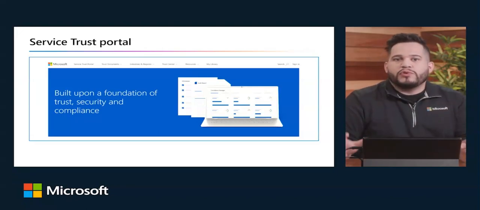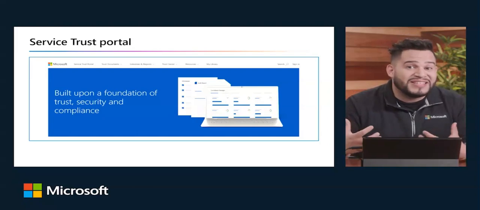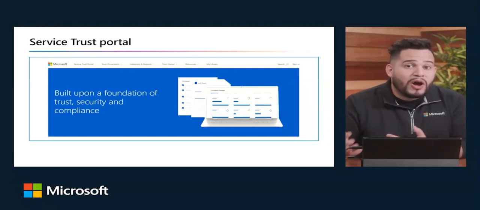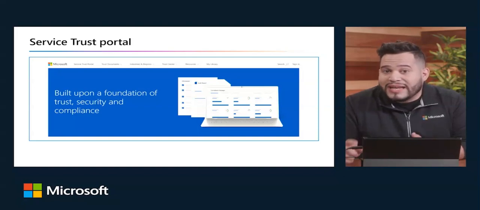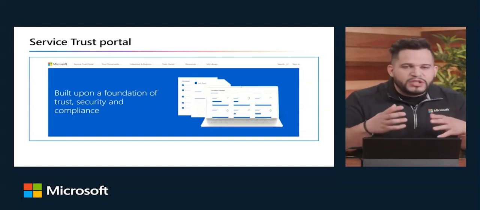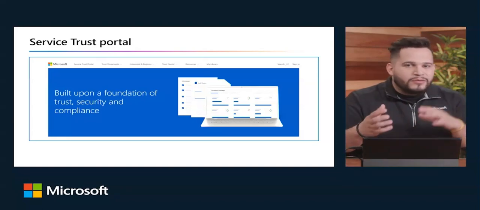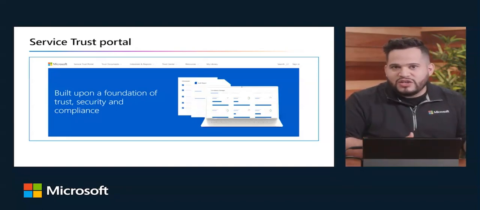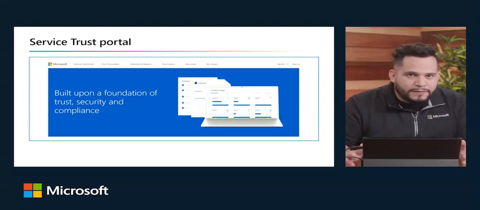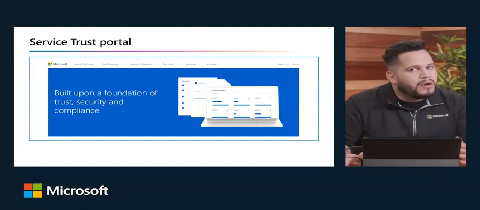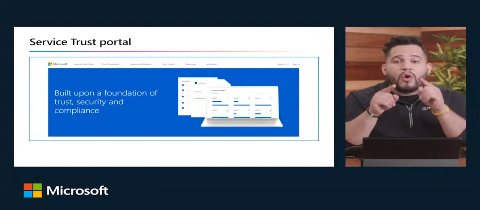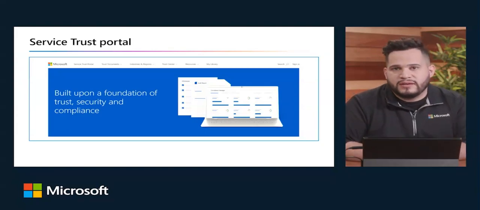Now, the Service Trust Portal contains details about Microsoft's implementation of controls and processes that protect our cloud services and the customer data. To access some of these resources, you need to be signed in as an authenticated user with your Microsoft Cloud Services account. But the idea here is that with the Service Trust Portal, we demonstrate transparency. We want to make it very clear that you are always in control of your data.